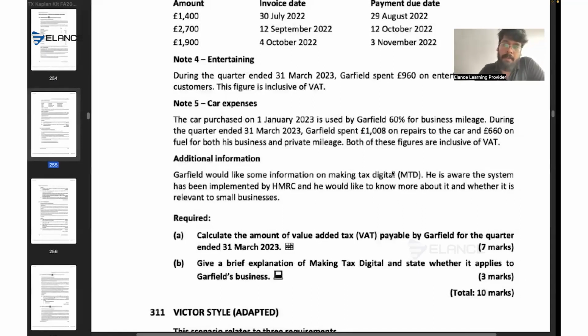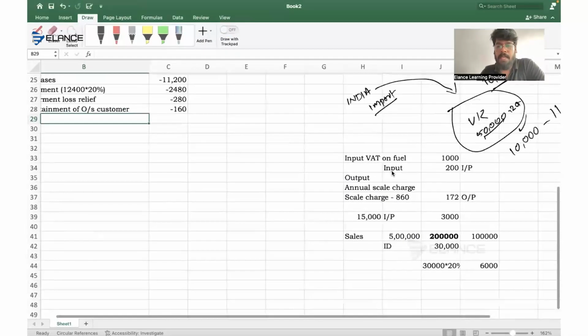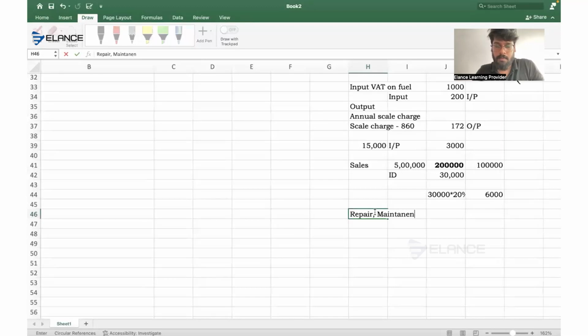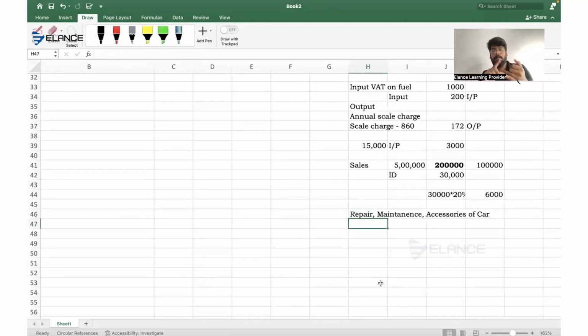If any trader spends any amount on repair, maintenance, or accessories for a car, even if it is a privately used car, they can deduct the input VAT on these expenses.